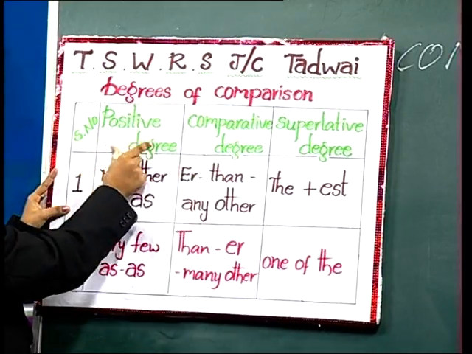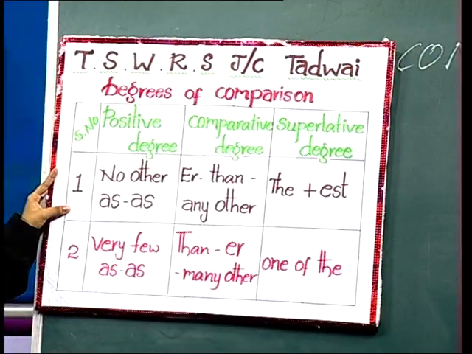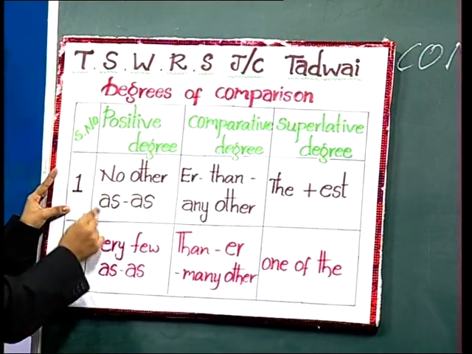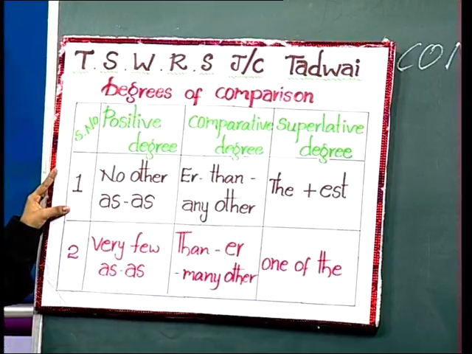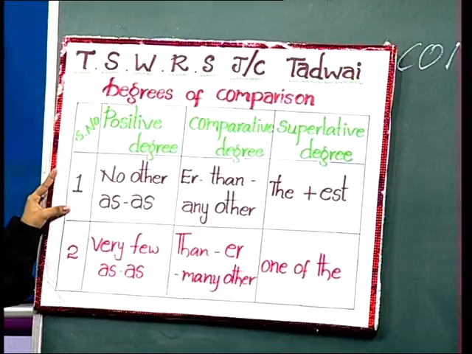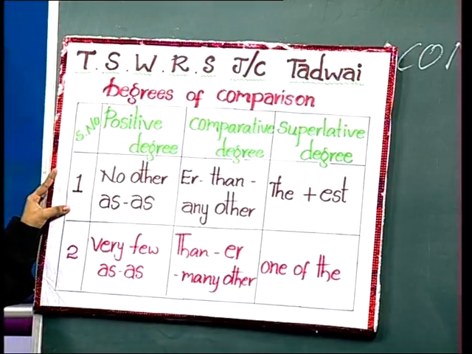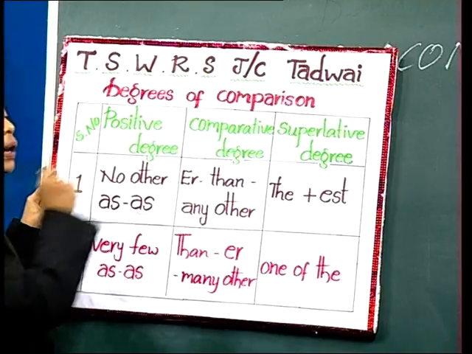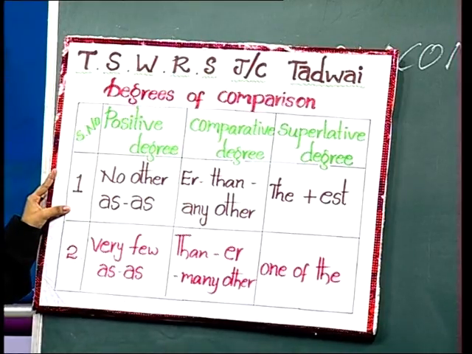In the positive degree, the pattern uses no other and as. In the comparative degree, than any other is added to the positive form of the adjective, and in the superlative degree, the plus est is added.